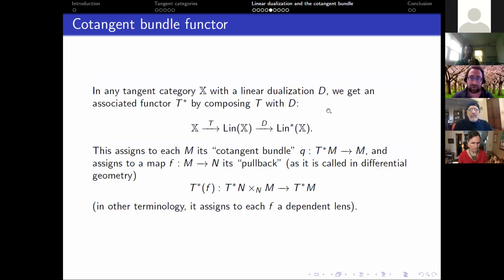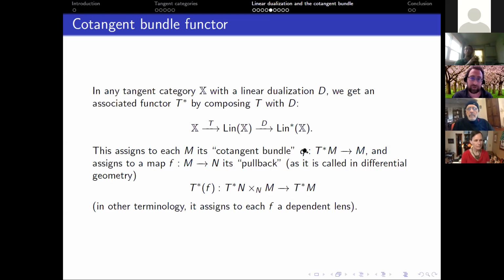So if we have such structure, then we can get something we call the cotangent bundle. If we have this D, then we can take the functor from the base category to its differential bundles, do this dualization operation, and now get a composite functor to the dual of differential bundles.